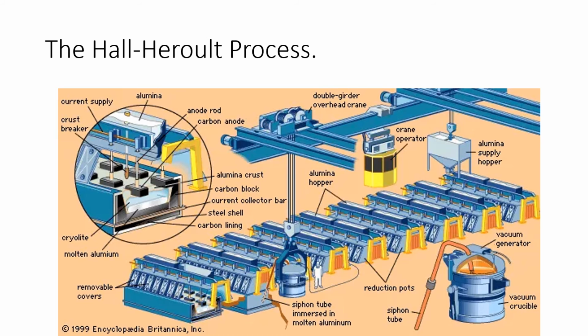Periodically, the crust is broken to allow more alumina to be added for processing. The pure molten aluminum accumulates at the bottom of the pots and is siphoned off. The pots are operated 24 hours a day and 7 days a week.